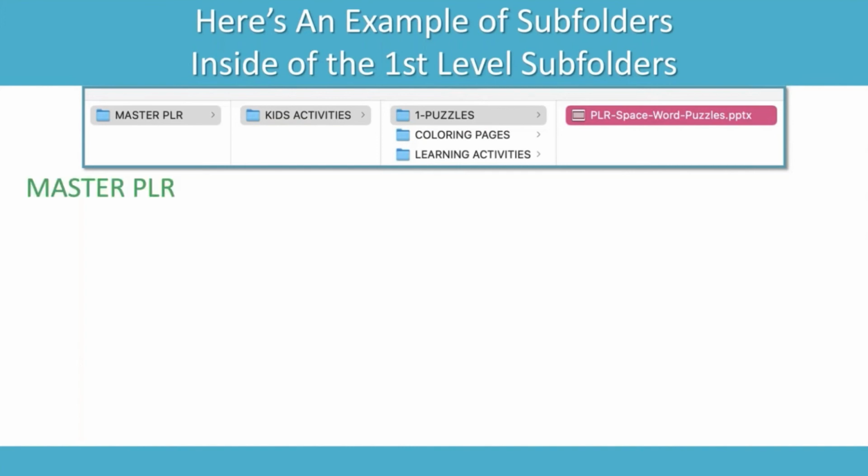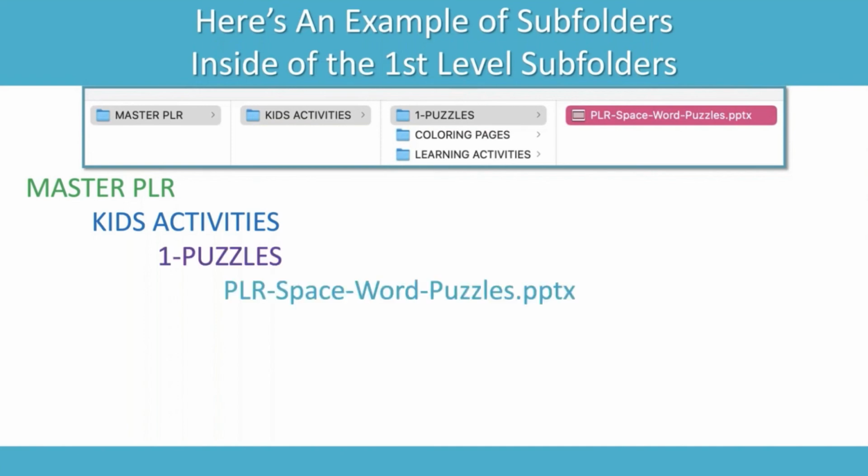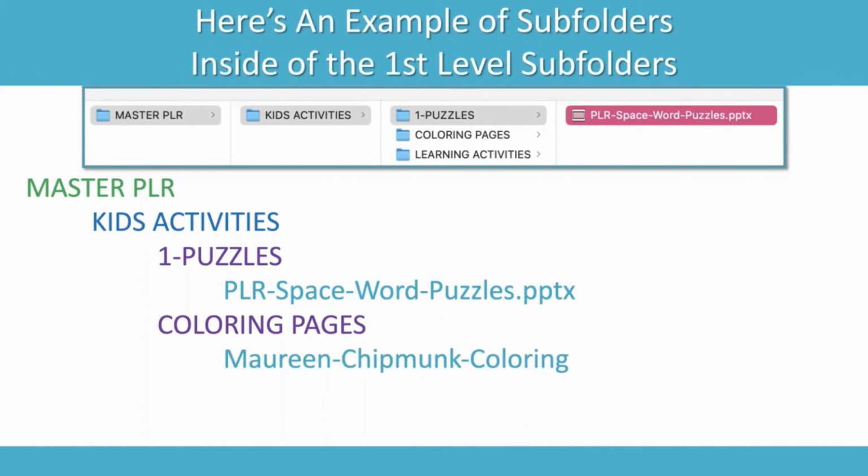So here it is again for those of you who like to see the written word. The master PLR. Then the subfolder is the kids activities. Inside kids activities you have puzzles, and inside there you have that file, the PLR space word puzzles. And then we have another subfolder inside of the kids activities. And here it says Maureen Chipmunk coloring, because this is what I wanted to show you.